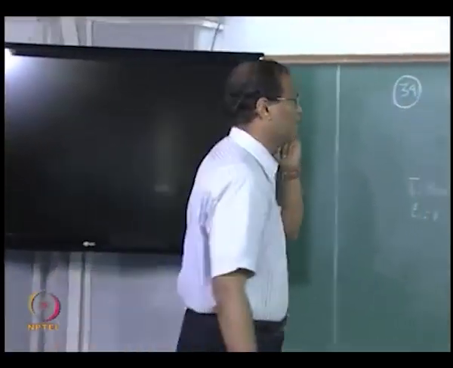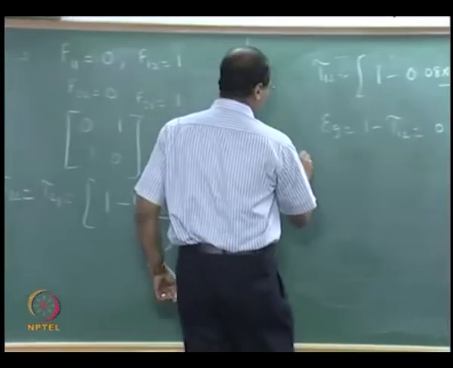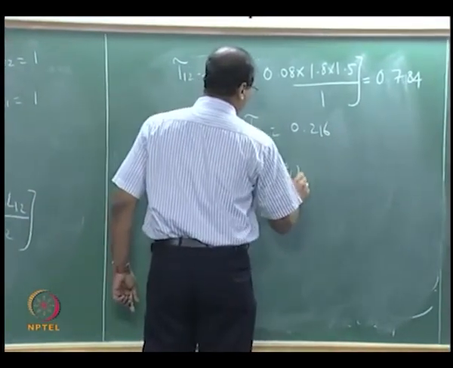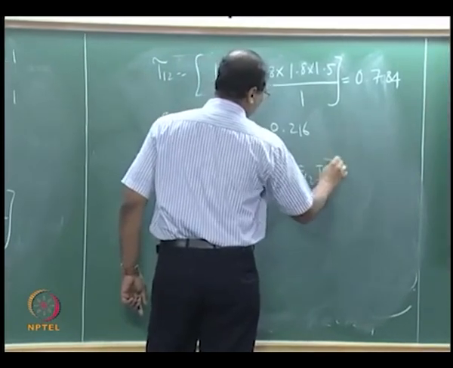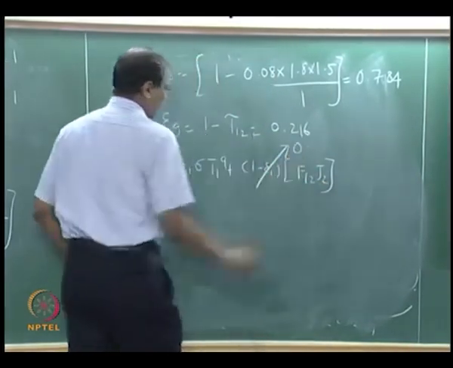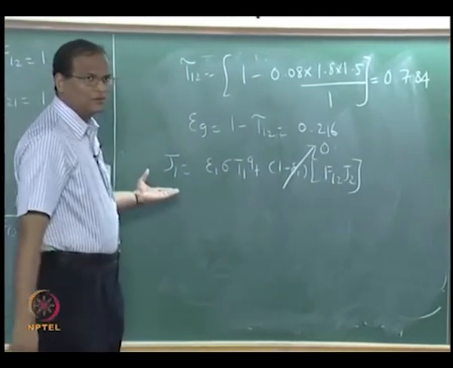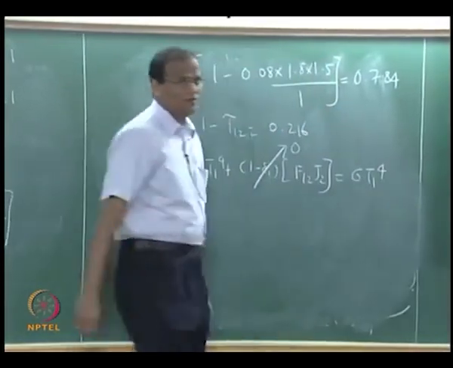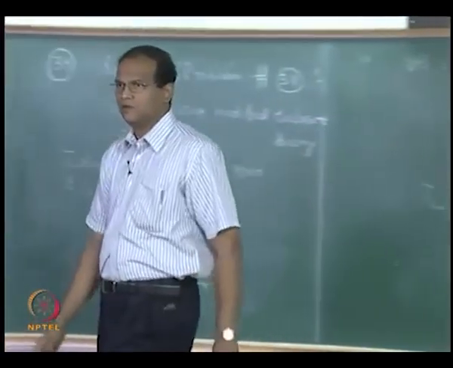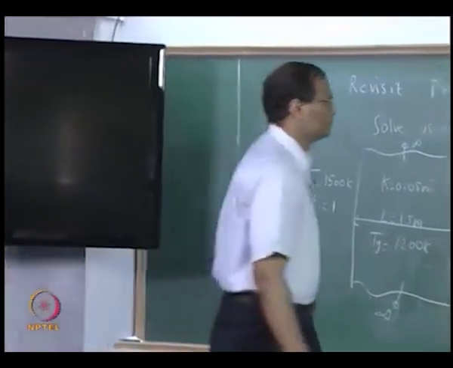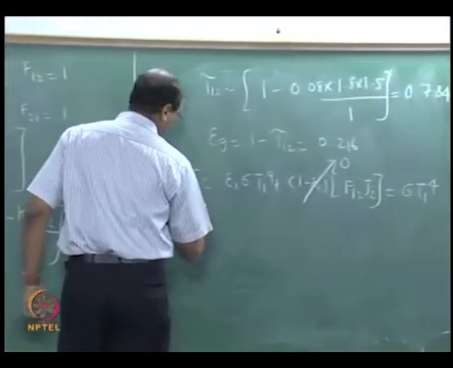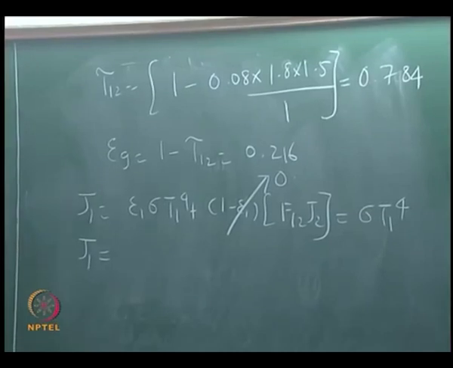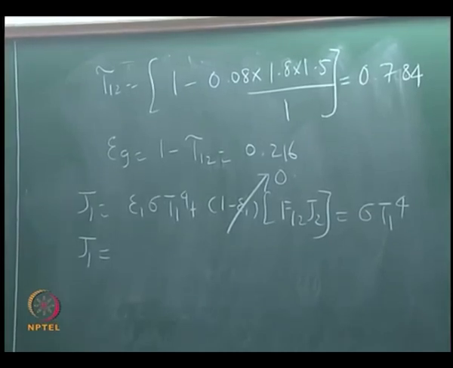Now we have to use the radiosity formulation J1, because it is a black wall, right, correct. What is J1? 2.87 10 to the power of 5, correct.